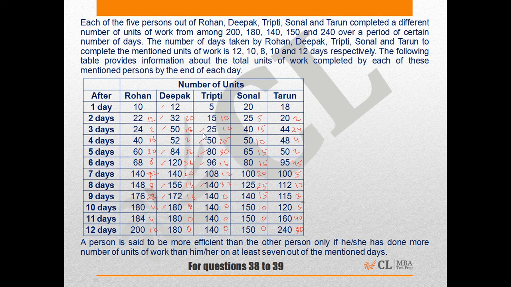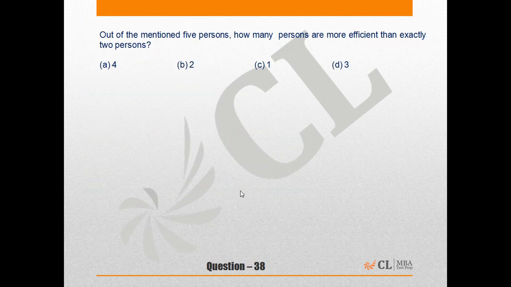If we keep on calculating this way, we will find that Rohan is more efficient than Tripti and Sonal. Deepak is more efficient than Rohan and Tripti. Tripti is more efficient than none. Tripti is the least efficient.